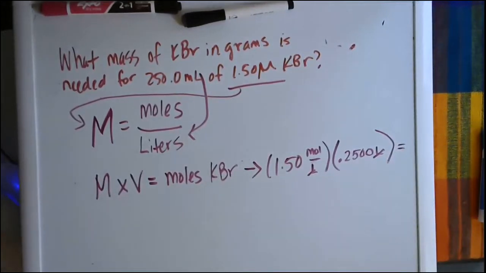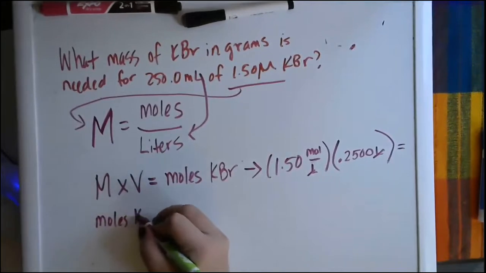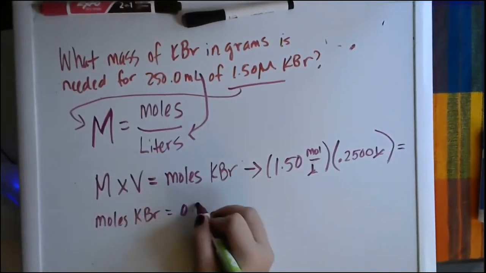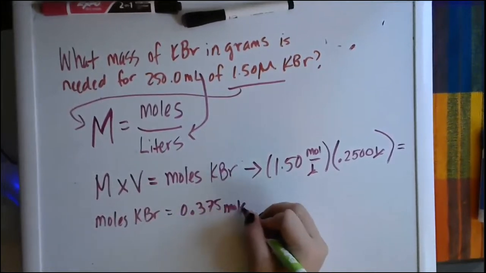Let's get our calculators. 1.5 times 0.2500. So our mole value for KBr, which is our solute, is 0.375 moles.